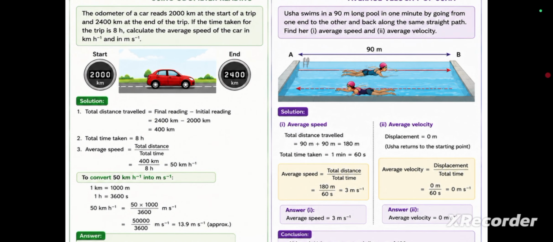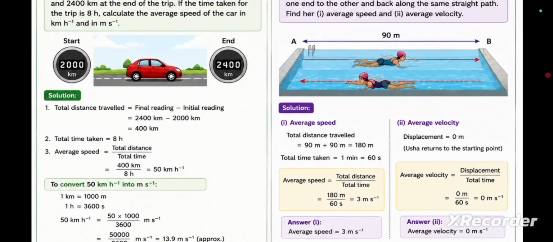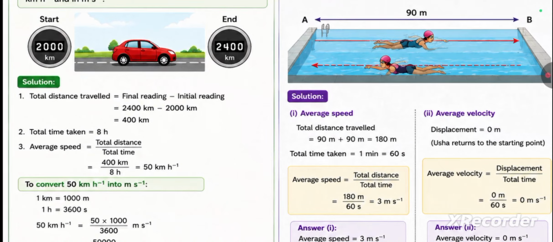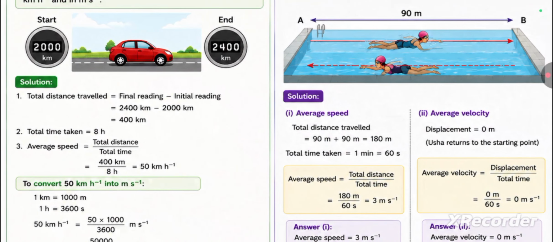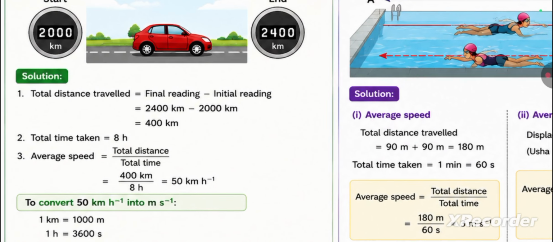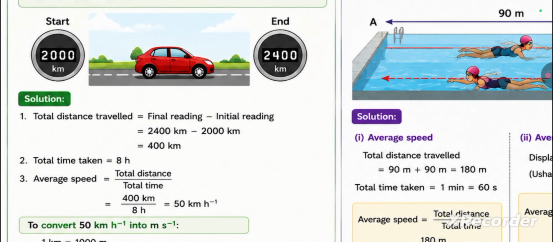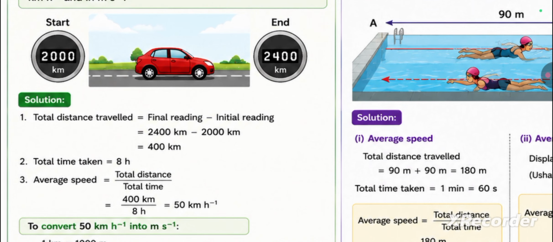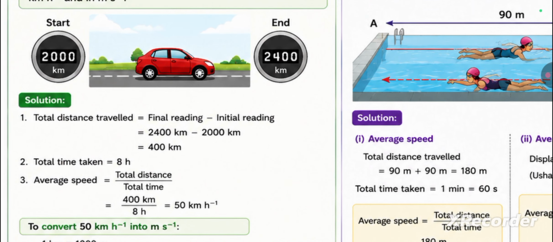Here, the distance before traveling and after traveling is given. So the total distance traveled is equal to final reading minus initial reading, that is 2400 kilometers minus 2000 kilometers.